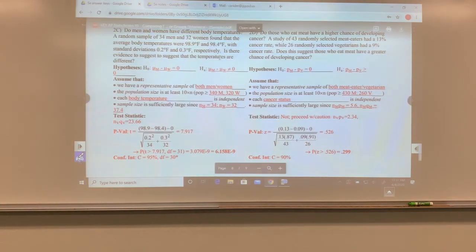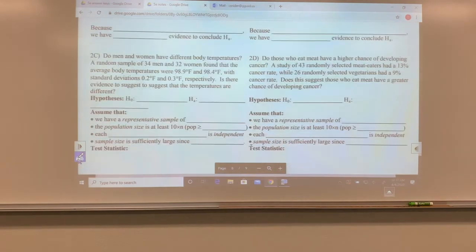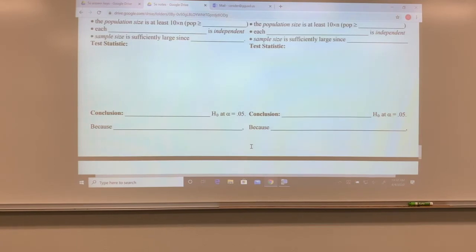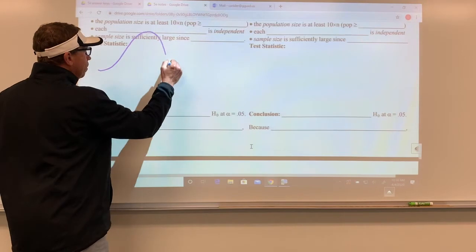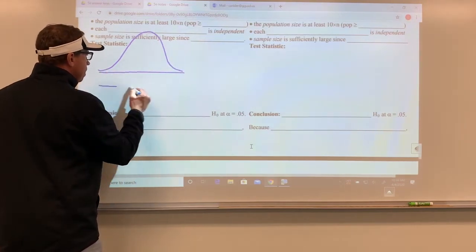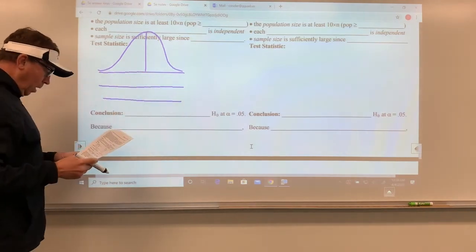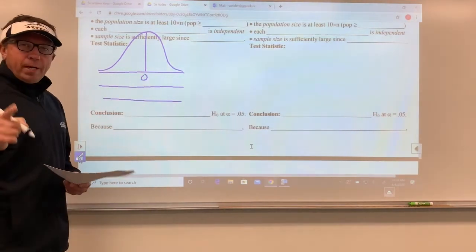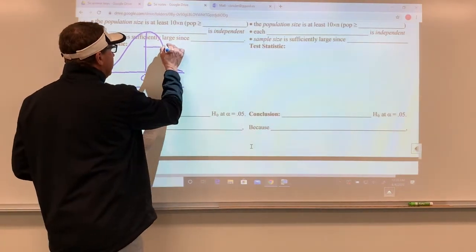So let me first set this problem up by drawing it out, okay? Most likely you're going to go right here, and you're going to put 0 there because 0 represents that there's no difference in the body temperatures. Then you're going to make your standard deviation.